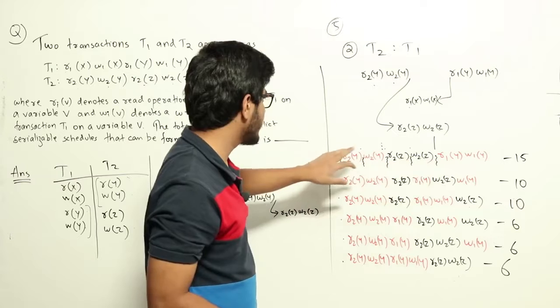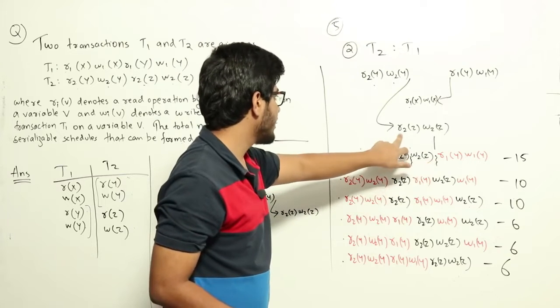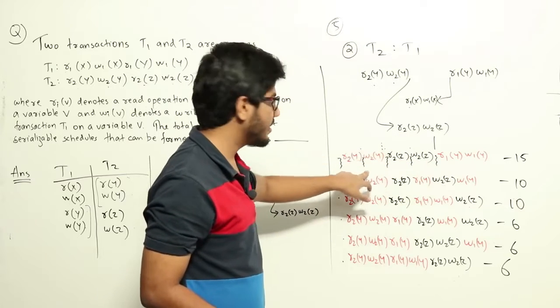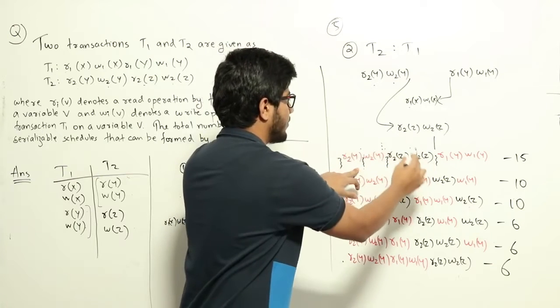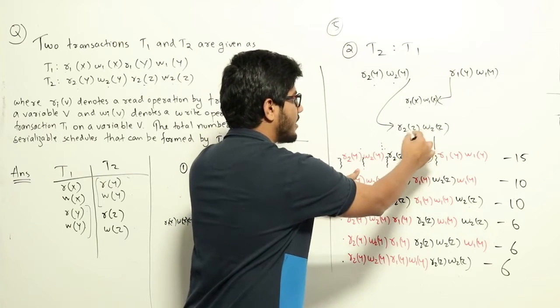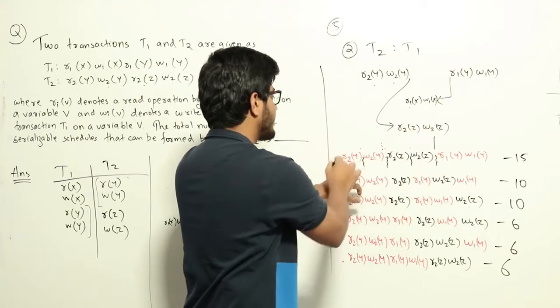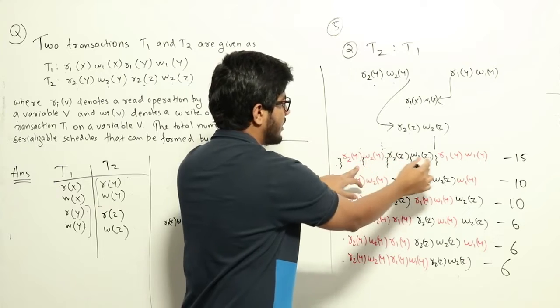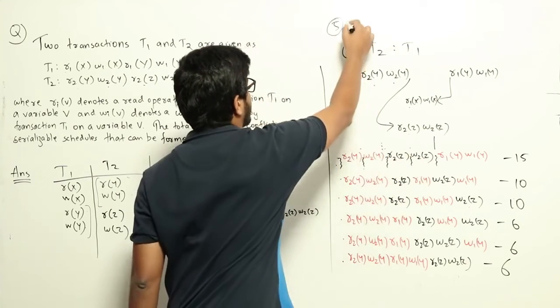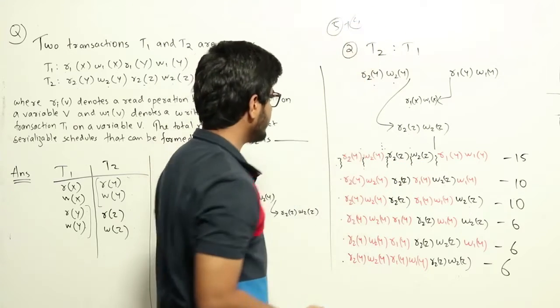So if the first one I assign to the first gap, there are 5 gaps left, meaning 5 series we get. If the first one I assign to the second gap, then for the second one I have 4 gaps left, 1, 2, 3 and 4, because the second one should appear to the right side of this one, right? So I can't put the second one in this gap. So if you put the first one here, there are 4 gaps available for the second one, which will add another 4.